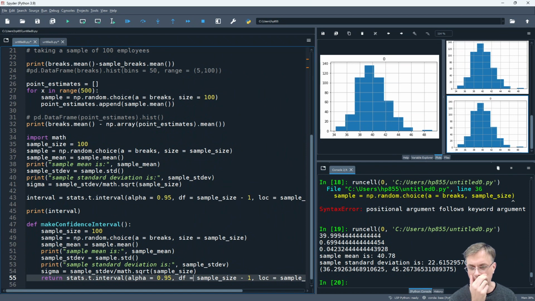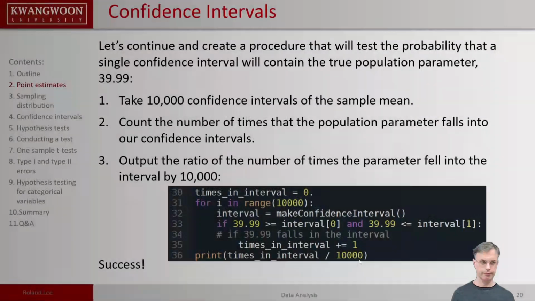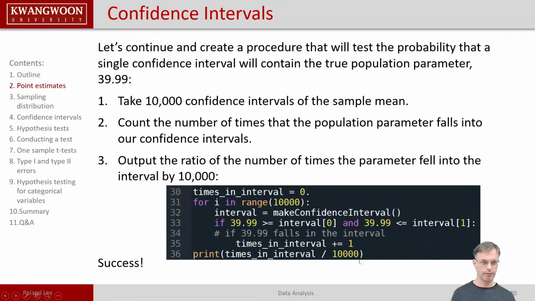Now that we have a function that will create a single confidence interval, let's create a procedure that will test the probability that a single confidence interval will contain the true population parameter. So here it is.